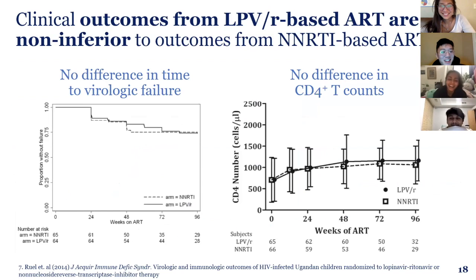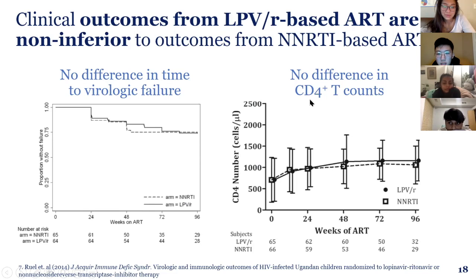But in any case, what we're looking at on the left is time to virologic failure. I should have pulled out how they defined that in the paper, but nevertheless, what we're looking at are statistically insignificant deviations between the two curves. So essentially we're showing that lopinavir is non-inferior to NNRTIs for controlling that metric.